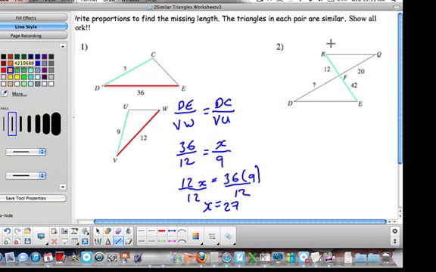And FQ corresponds to FD. So if we write our proportion then, it'll be FE over FR is equal to FD over FQ.